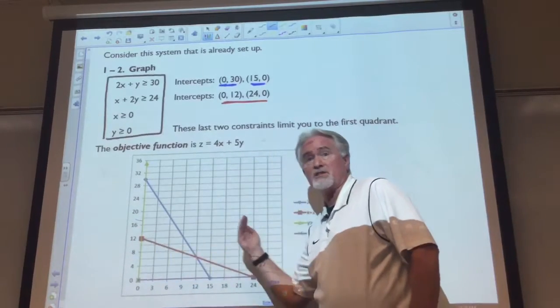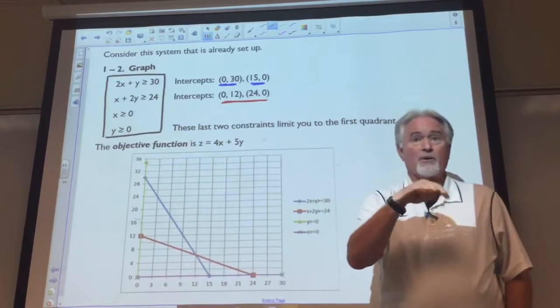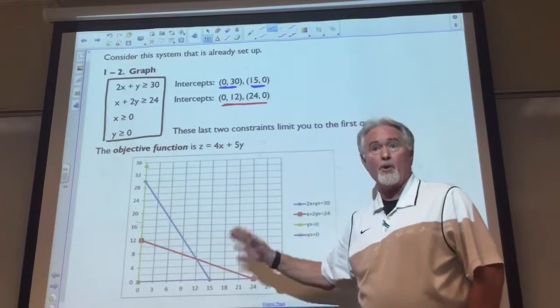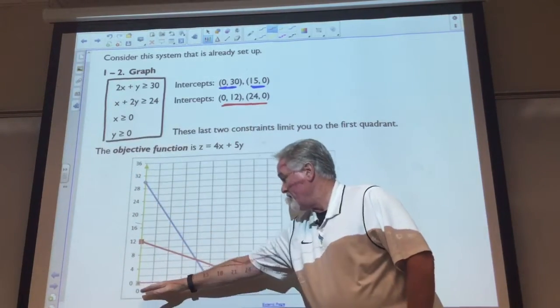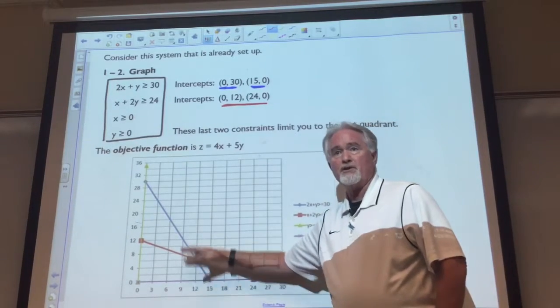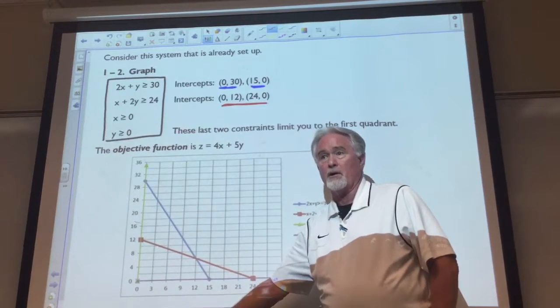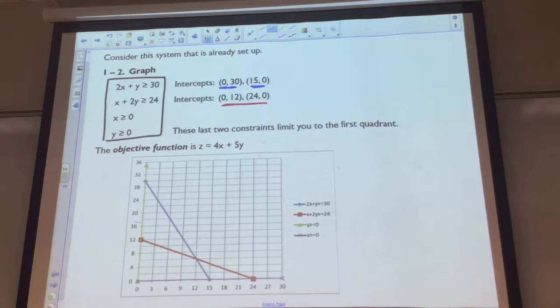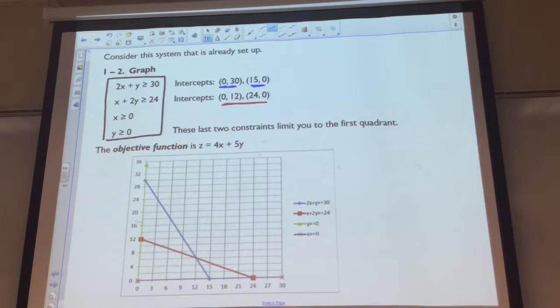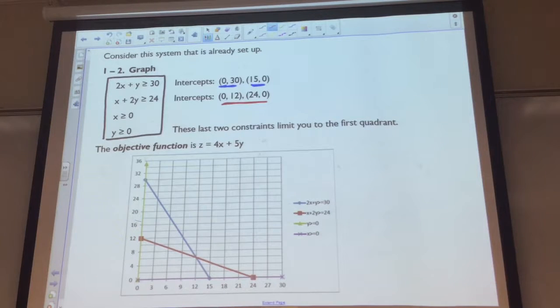You're going to have to use this side. So if there was a graph problem, that would limit your shading so it wouldn't go into the second quadrant. And then this line prevents you from going into the fourth quadrant. So those must be present as part of your constraints when we do the word to table setup and build across from there.